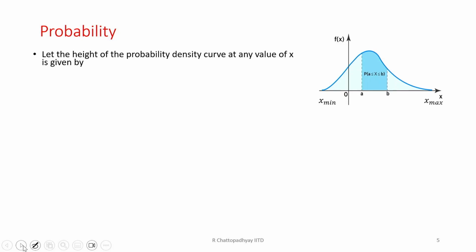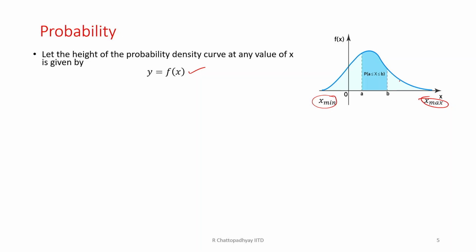So one probability curve is now shown, which is a smooth curve, and let us say the right hand side maximum value is x max and the left hand side minimum value is x min, and the height of the probability density curve at any value of x is given by y as a function of x. That means basically this is describing the equation of this line.